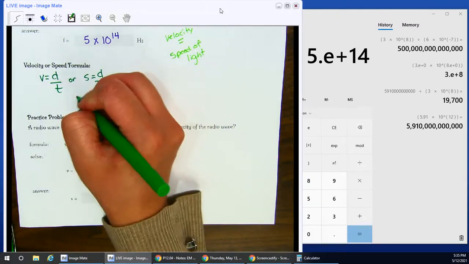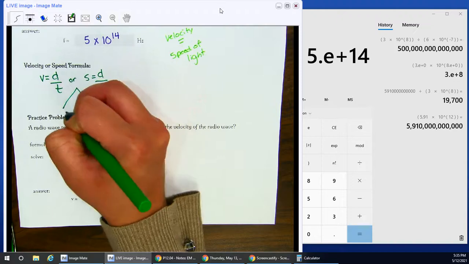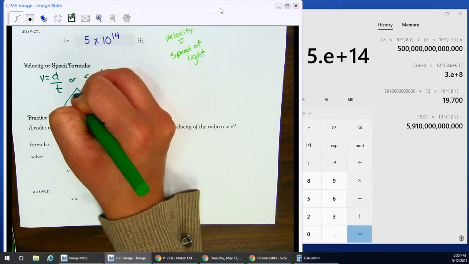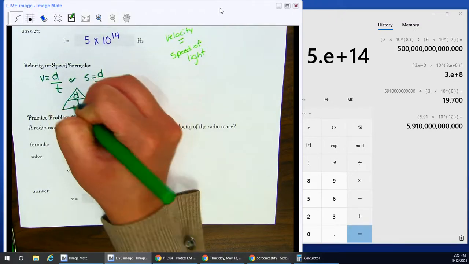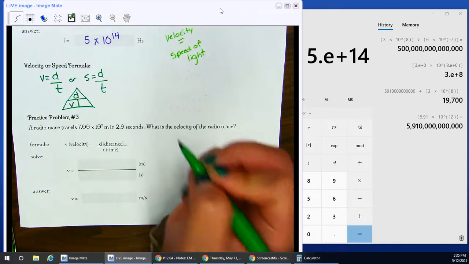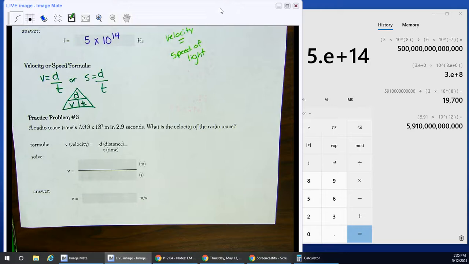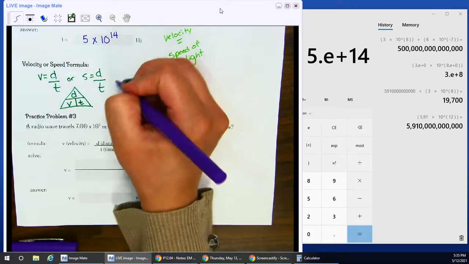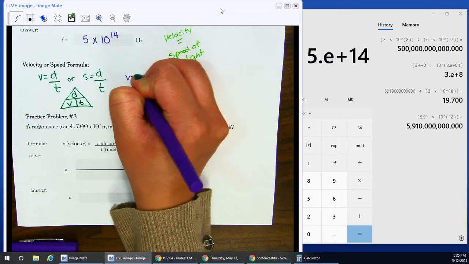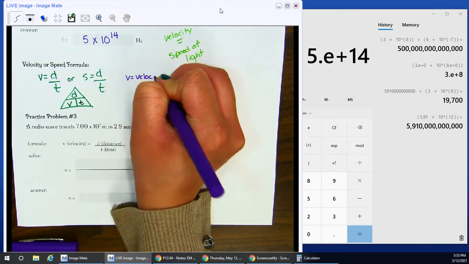There is a triangle for this if you want to use it. Distance goes at the top, speed or velocity goes at the bottom, as well as time. And for the units, V equals velocity.